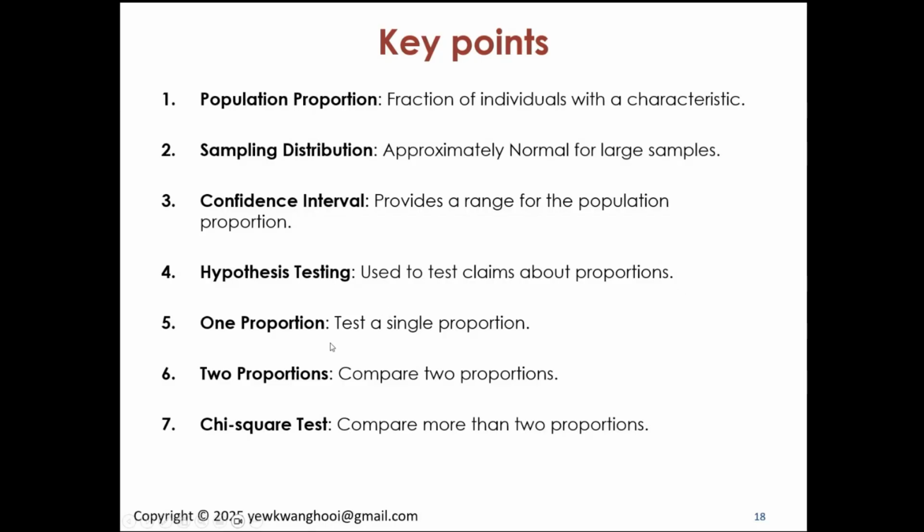And there'll be different formula for one proportion, two proportions, and more than two proportions. For more than two proportions, we will use chi-square test. So yeah, that's about it for the chapter for module 3 on proportions.